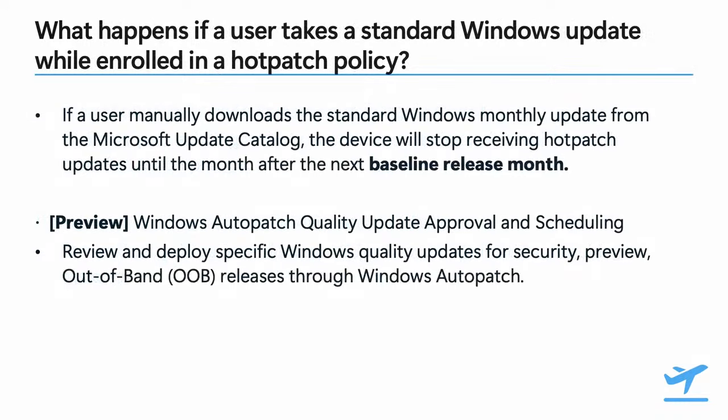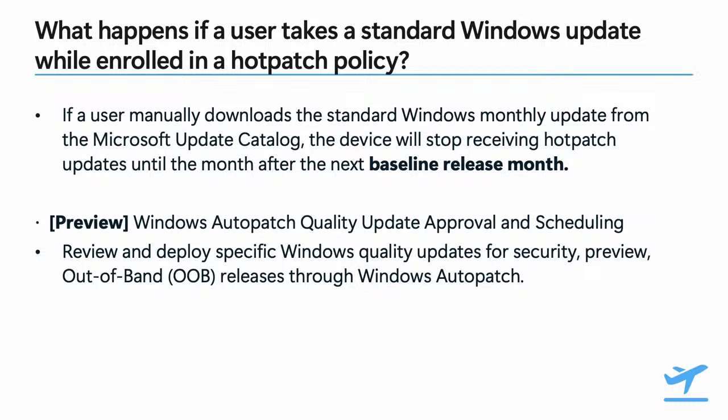Another question that can come up is, what if a user chooses to take a standard Windows update while enrolled in a Hotpatch policy? If a user manually chooses to download a standard Windows update from the Microsoft Update Catalog, that device will stop receiving Hotpatch updates until the month after the next baseline release month. However, those devices do not need to be re-enrolled into a Hotpatch policy.